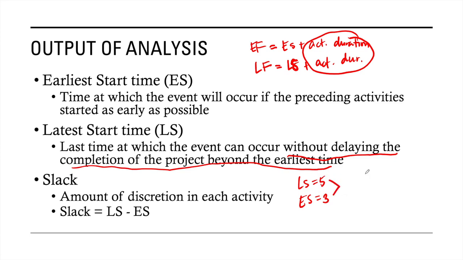And therefore, if you subtract 5 and 3, that gives you 2 days. So what does this give us? This gives us the amount of leeway, or the amount of time you can slack off. And that is our slack.